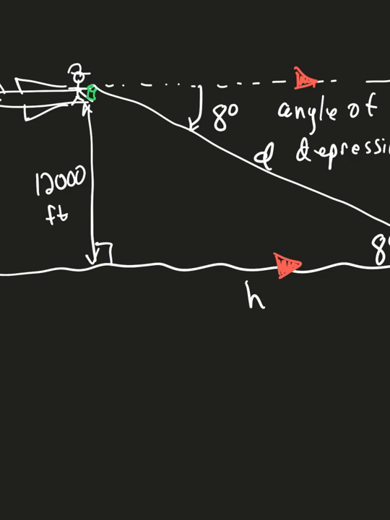Would you agree? So your eye level in the plane and ground level are parallel to each other. Therefore, this angle and this angle are going to be equal because they are opposite or alternate interior angles.